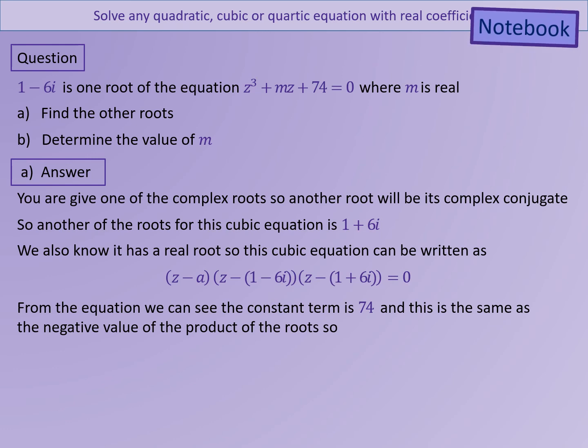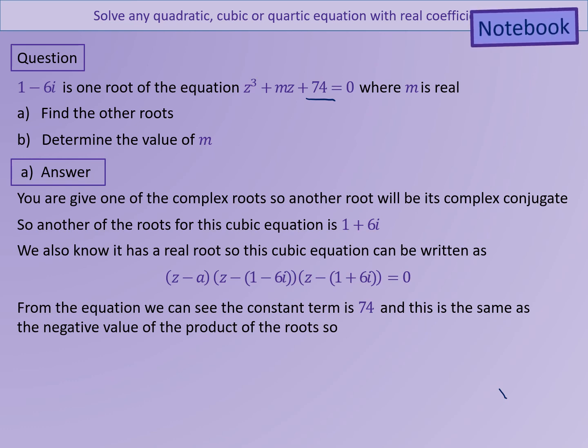From the original equation, we can see the constant term is 74. And we can use the brackets to help us find the third root.